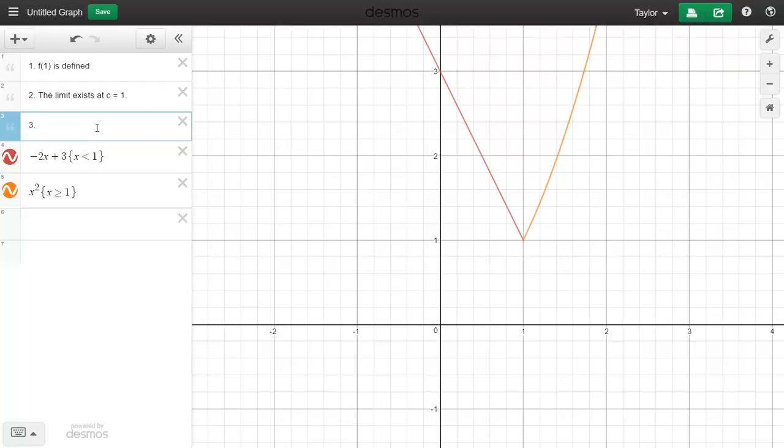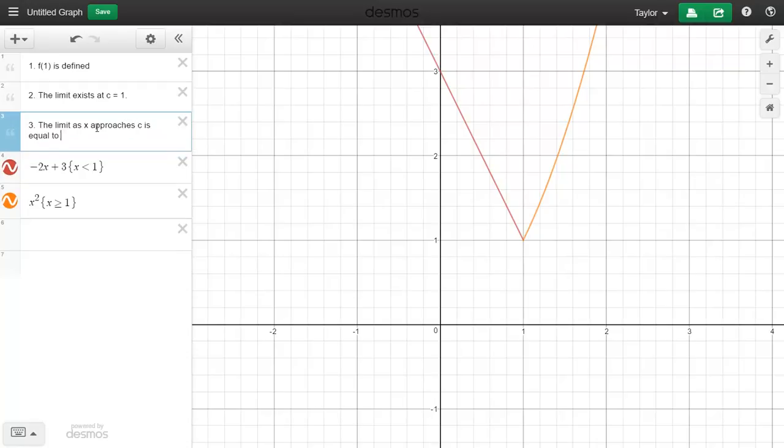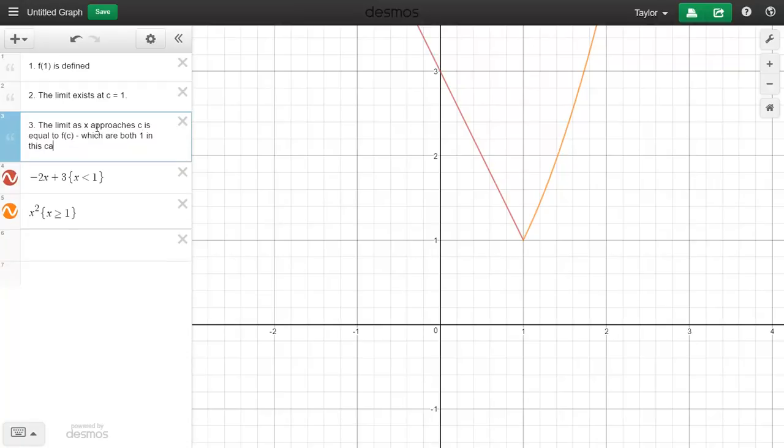So the third step was just to verify the limit as x approaches c is equal to f of c, which are both 1 in this case. Okay? So we have verified these 3 conditions, so continuity at x equal 1 exists. So this function is continuous at x equal 1.